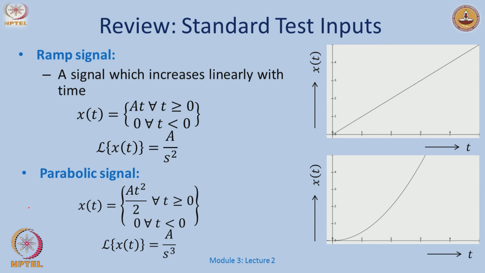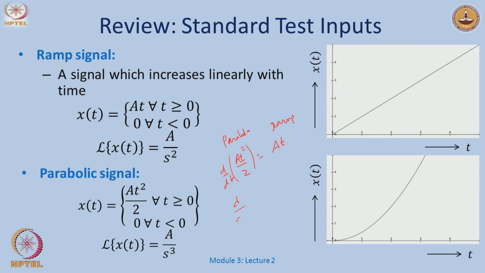So, one thing which you could notice is I take this parabola a t square by 2 and I differentiate it, what I get is a t. Similarly, I differentiate the parabola to get a ramp, that is, you can see it here.